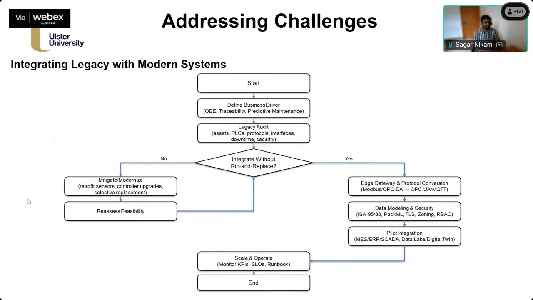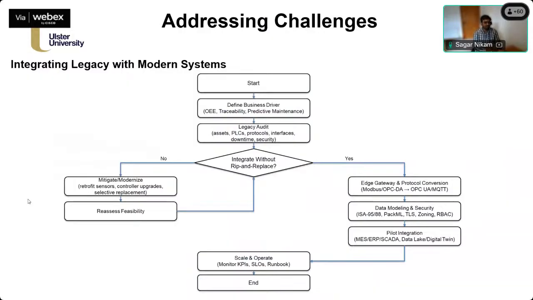Traceability is, for example, you're manufacturing a product and you want to know where your product is, or what's happening to the product, or whether a particular product is scrapped or being recycled. Or it can be predictive maintenance. So what is the main business driver?